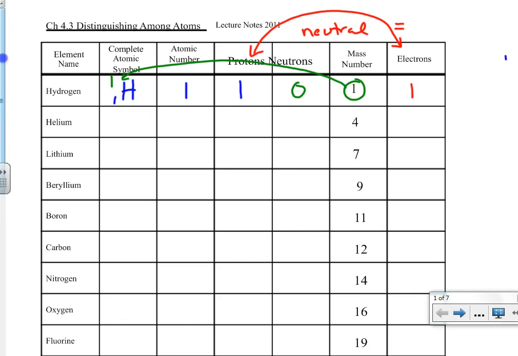Second example, helium. Helium has the symbol He. From the periodic table, we see it has an atomic number of 2, which means it has 2 protons. We put that number in the lower left corner of the symbol.